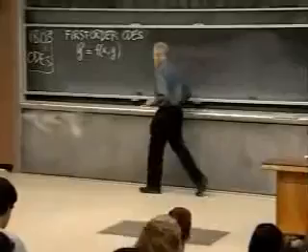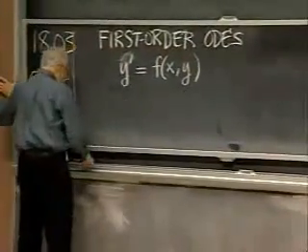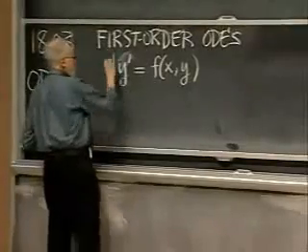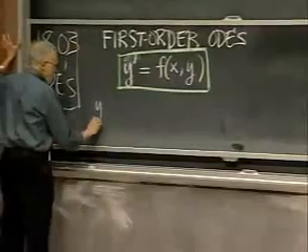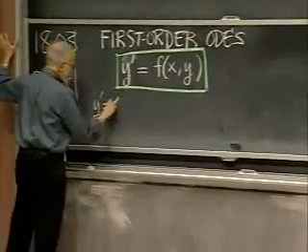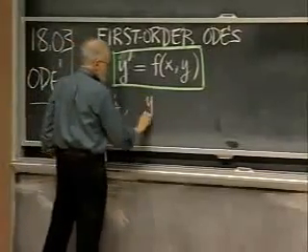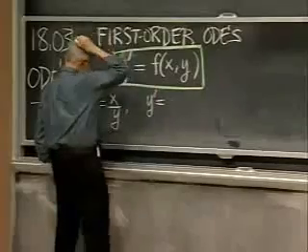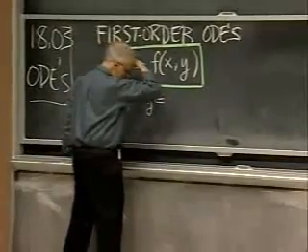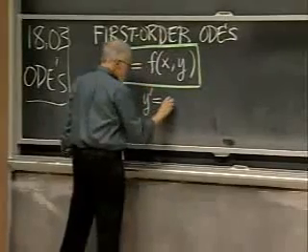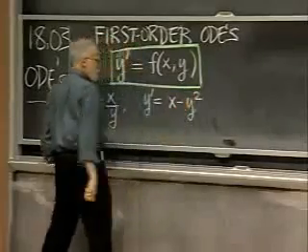So, for example, some of the ones that will be considered either today or in the problem set are things like y prime equals x over y. That's pretty simple. The problem set has y prime equals x minus y squared.